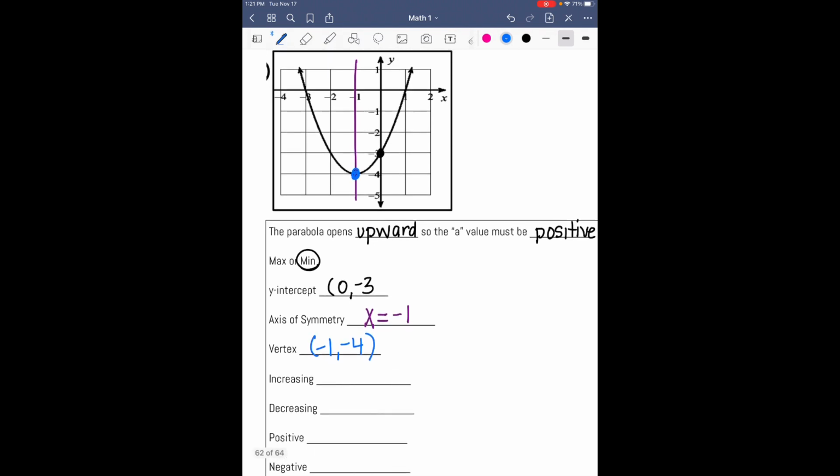All right, so let's talk about increasing and decreasing, because it's going to change this time since I have a graph that's opening upward. If we go from left to right, we are actually going to be decreasing first this time. We're decreasing until we hit our x value of -1, so x is going to be less than -1 for decreasing.